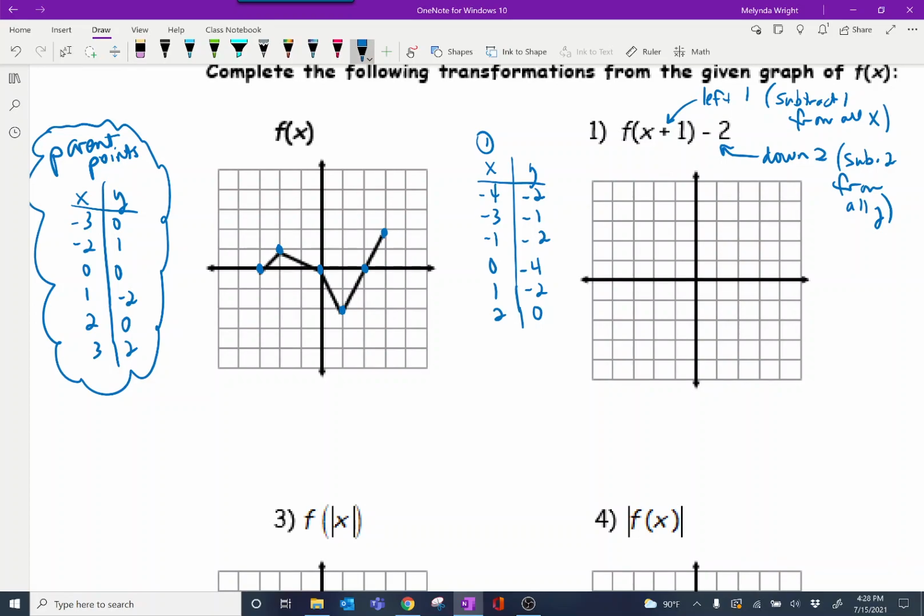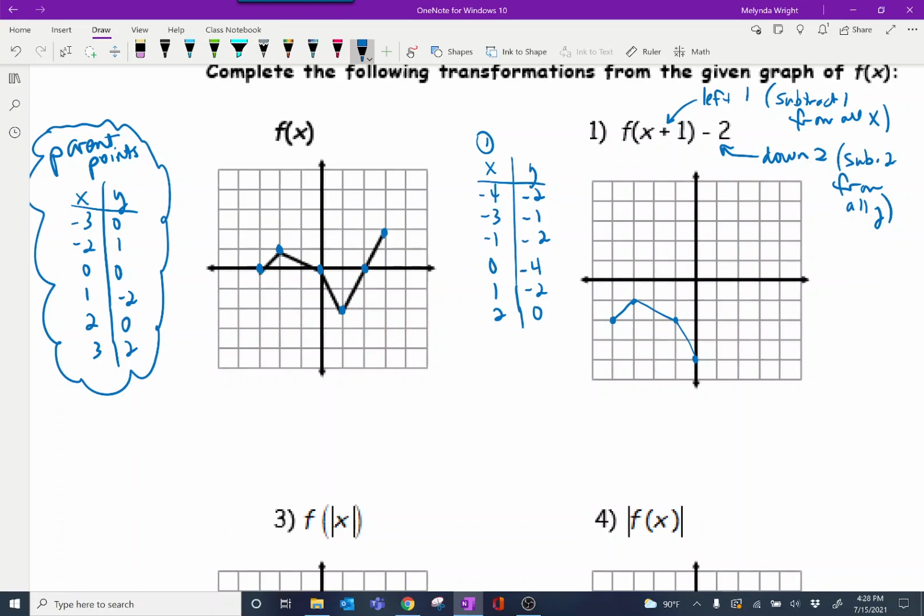So we go over 4 and down 2, over 3 and down 1. I would suggest that you connect as you go so it doesn't get confusing, so you're not confused on what connects to what. Let's see, -1, -2. Then we have 0, -4.